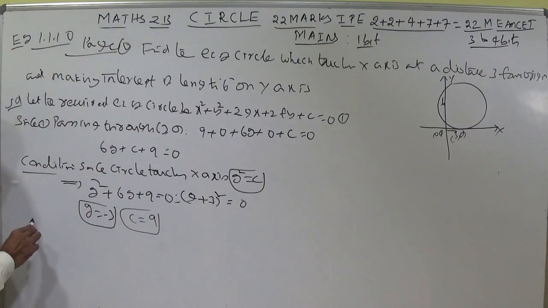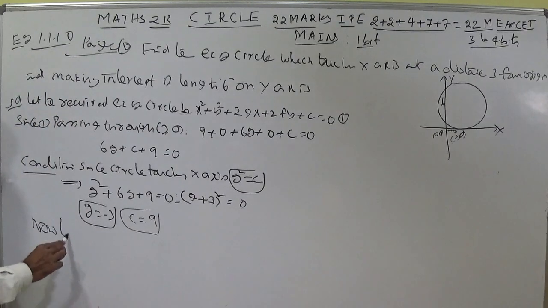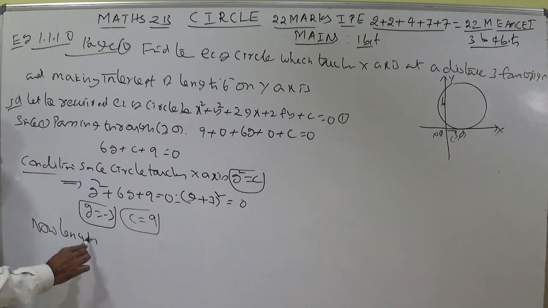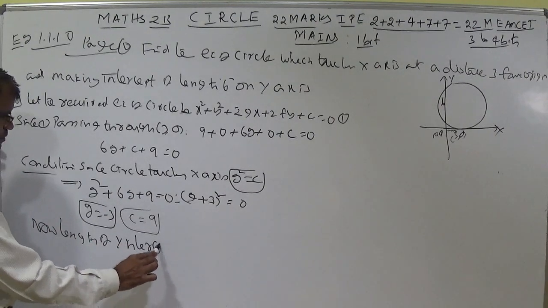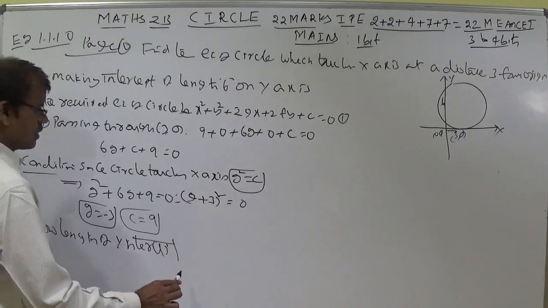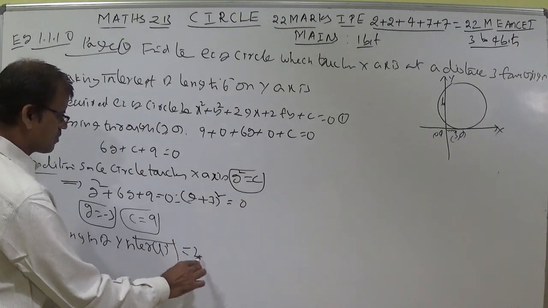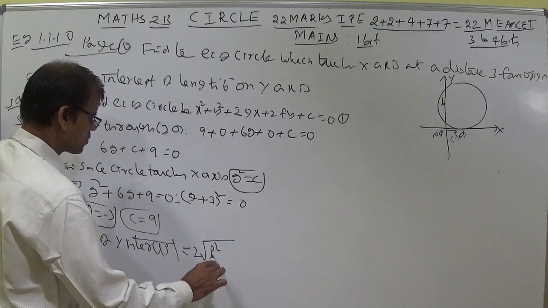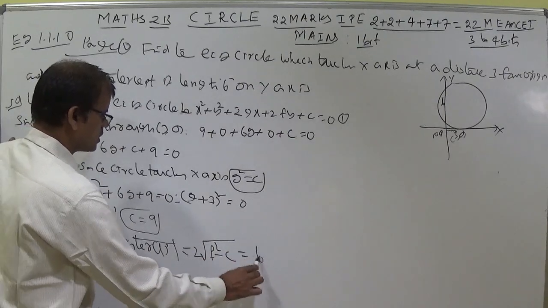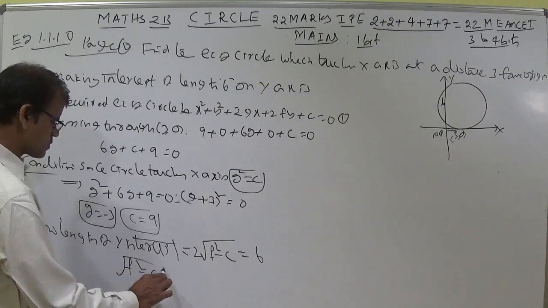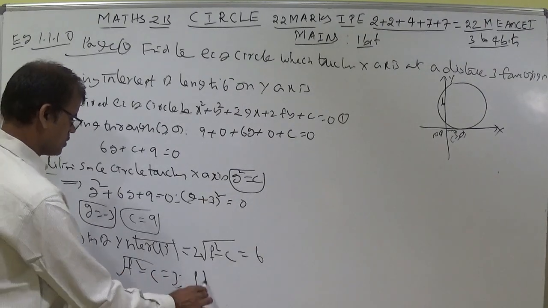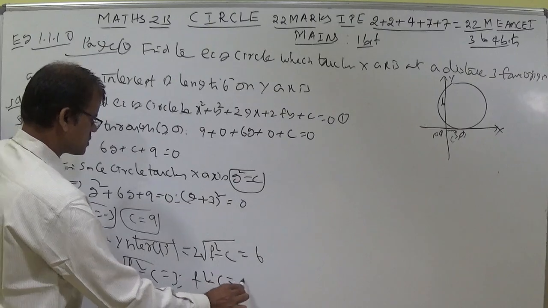Now it depends upon the length of y-intercept. The length of y-intercept formula is 2 root f square minus c, and he has given it as 6. So root of f square minus c is equal to 3, and f square minus c is equal to 9.